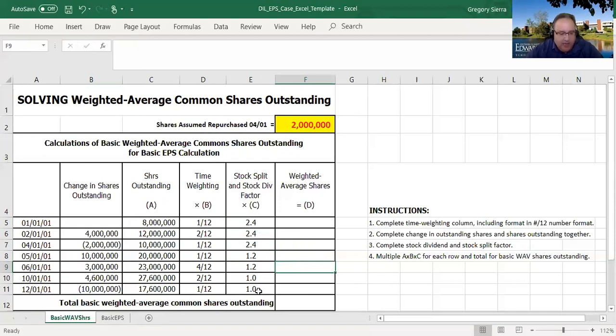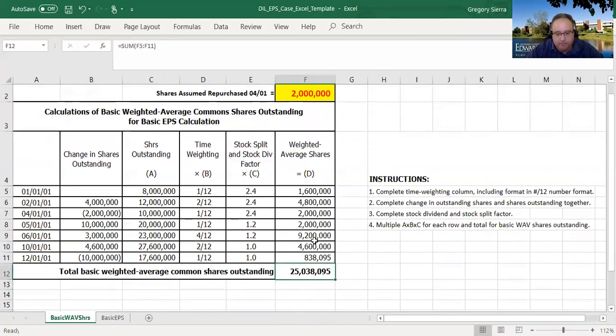The reason is, in this comprehensive problem, I give you a stock dividend and a stock split because I want to cover all the different things that can happen. You will only get problems that have one or the other. Okay, and then in the weighting, for this 800,000 shares, the weighted average adjusted for splits and dividends is 1.6. We do that formula for all of them, and then the total weighted average is the sum of that column.